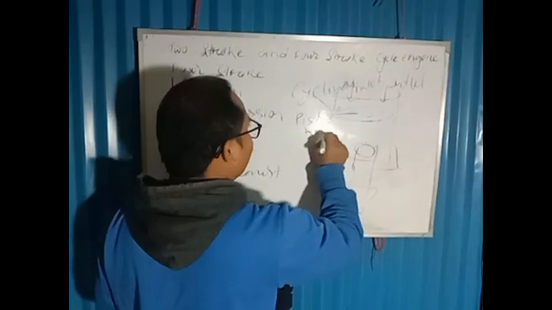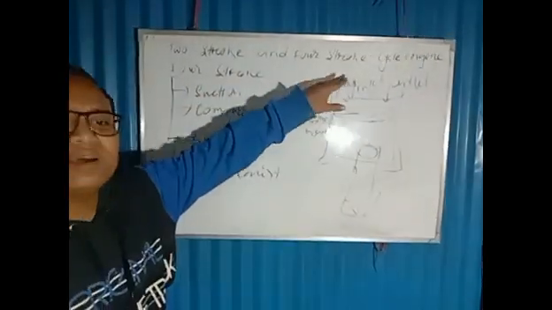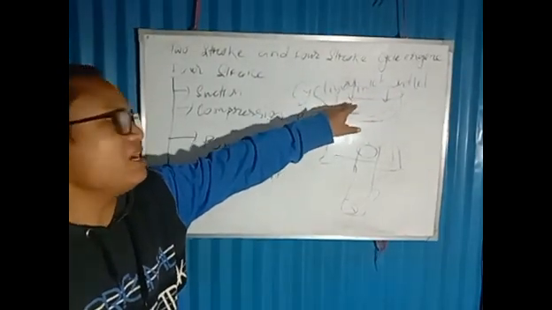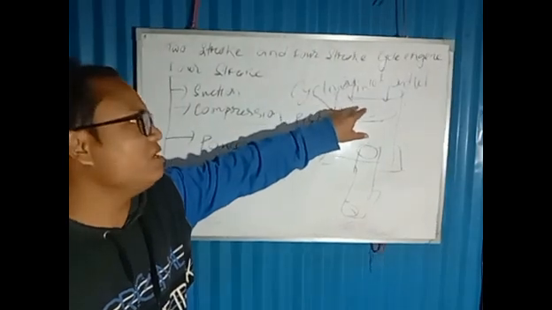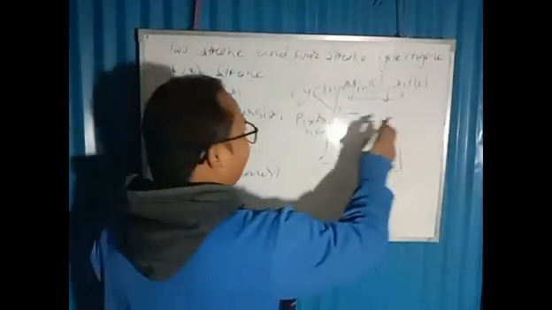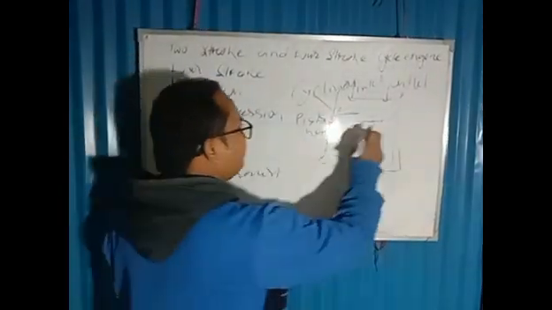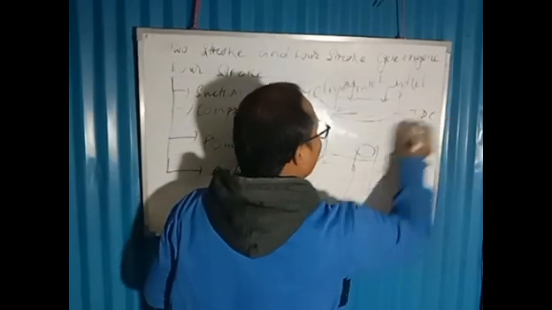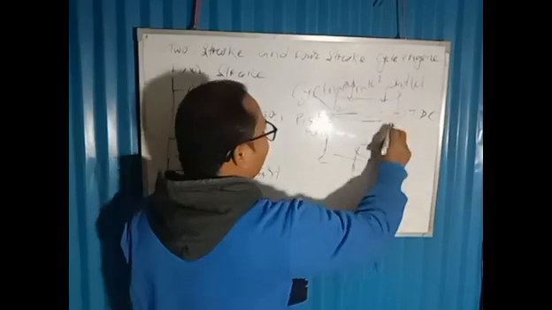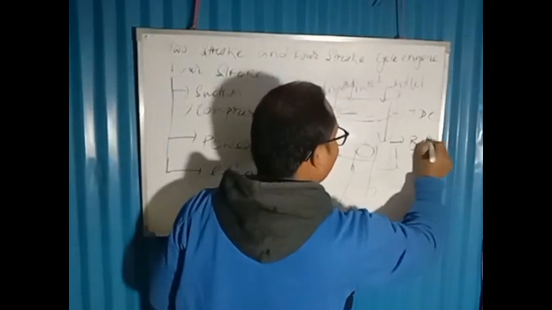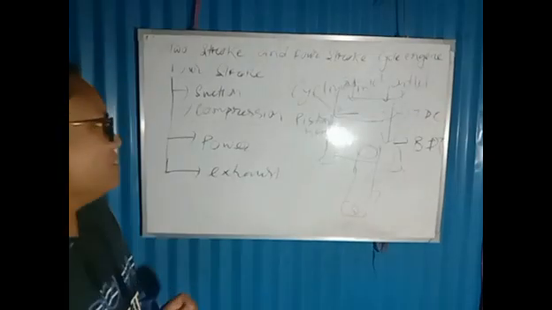When the inlet valve opens, when we start the engine, the vaporized air fuel enters this cylinder through this valve. At this position the piston is at the TDC, top dead center. When the piston moves downward, it goes to the BDC, bottom dead center.